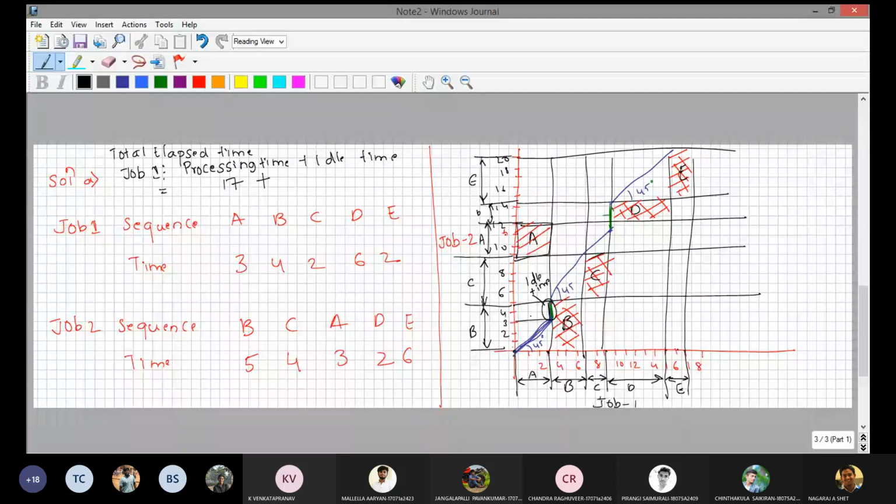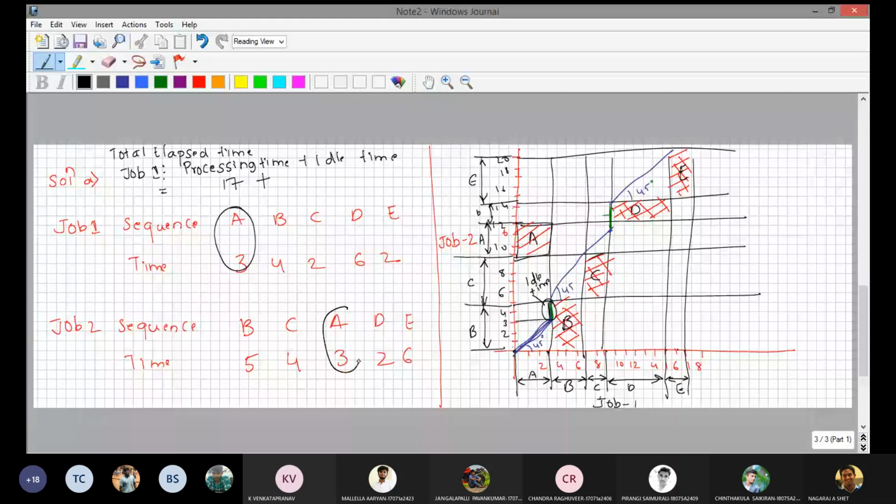Initially, I can give one example point, in case you're getting confused. Machine A takes 3 hours, right sir? Machine A takes 3 hours for job 1, yes, and also 3 hours for job 2. Now already we have constructed it, right?